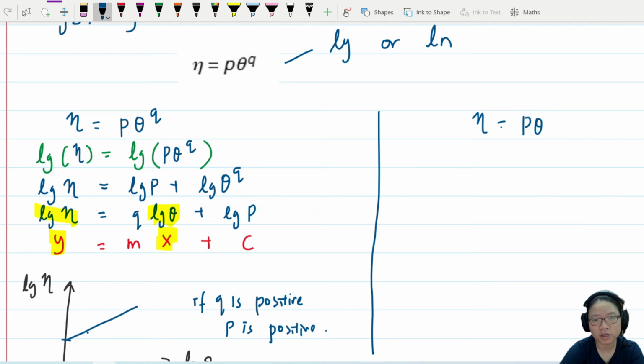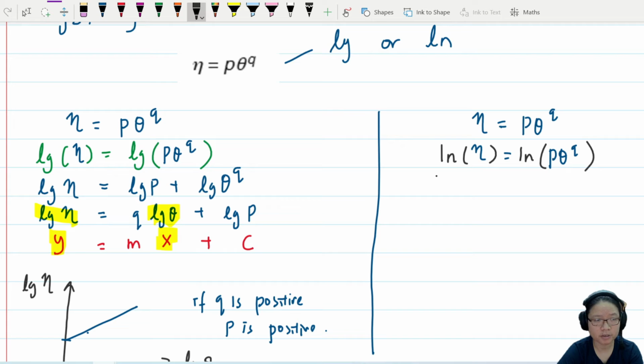I'll copy the equation first, okay? So if I ln both sides, I'm going to ln here, ln nu, and then this p theta power q, I will ln again, ln of p theta power q. So I think you will arrive at the same equation, right?